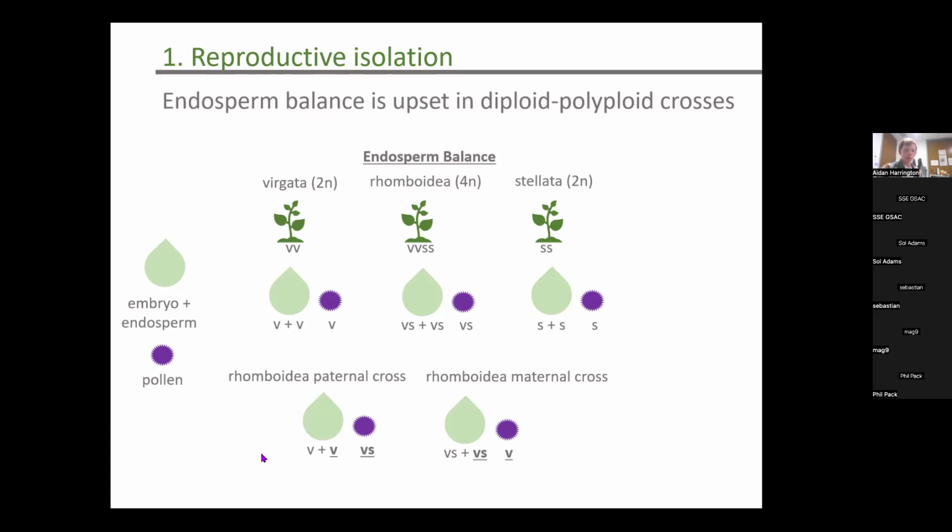And if it's the maternal parent, the endosperm will have both complements of the genome. So when you make these crosses, you end up with different ratios of maternal to paternal genome copies in the endosperm. So you end up with 1 maternal copy and 2 paternal copies when Rhomboidea is paternal, and the opposite case when Rhomboidea is maternal.